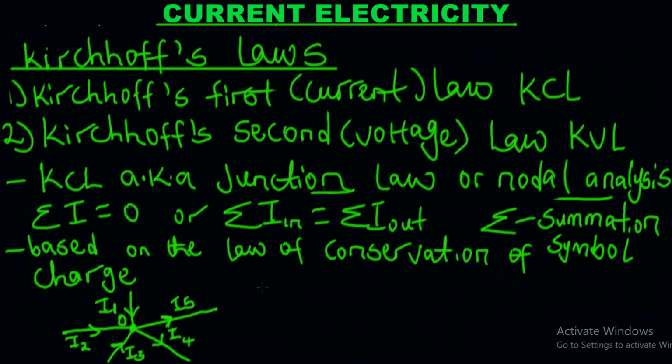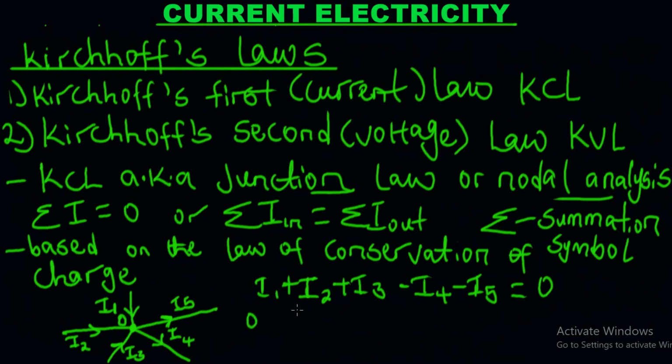So if you are to present this according to KCL, we have I1 plus I2 plus I3 minus I4 minus I5 is equal to 0. Another way of stating this is that the current entering a junction equals the current leaving that junction or region. That's the second way it is stated.